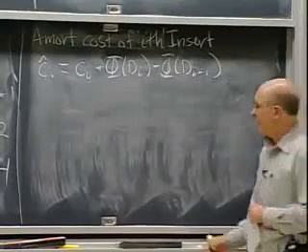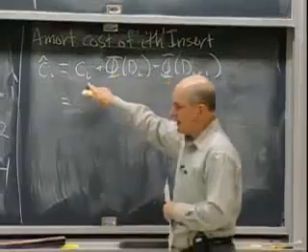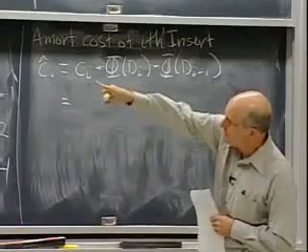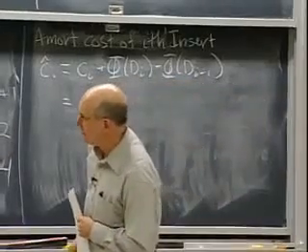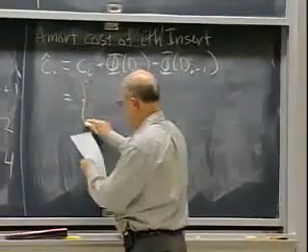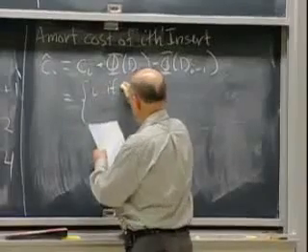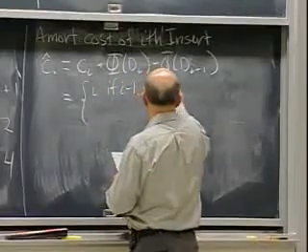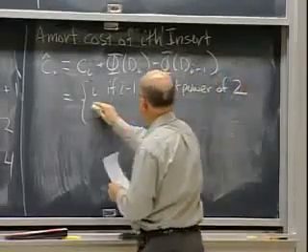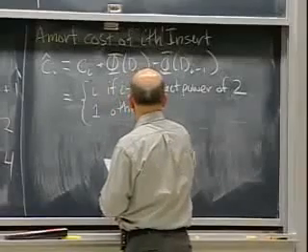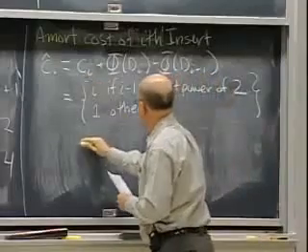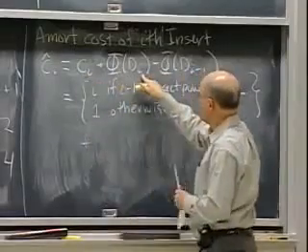And now that's equal to, well, what is c sub i? Do we still have that written down somewhere, or have we erased that at this point? I think we erased it. But we can write it down again. It is i if i minus 1 is an exact power of 2, and it's 1 otherwise. That's the c sub i. That's this term, plus, and now phi of di.